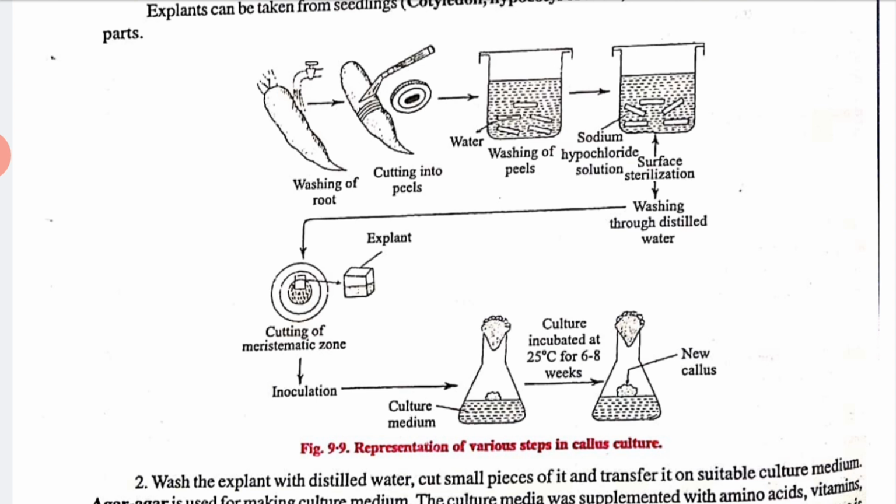And after some time we will wash with distilled water, meaning pure clean water. After that we will wash those pieces, and after washing we will cut the meristematic zone, the lower side. Okay, we will cut that meristematic zone of that piece, and that piece is known as explant.